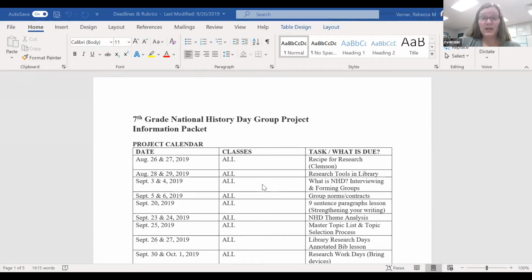Now, yes, it does cause stress as a class project, but again, that stress is something that they are going to learn how to handle. They're going to learn how to resolve any conflicts that they have with their group. So there are all kinds of bonuses, benefits to participating in National History Day. And I encourage all of you, just consider it, try it, jump in.